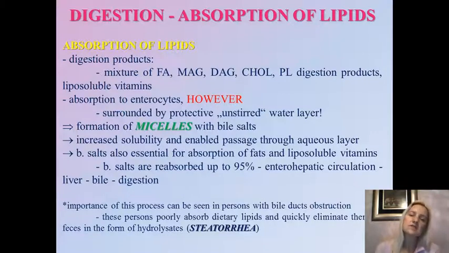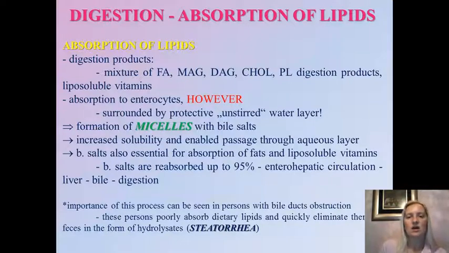The importance of this process can be illustrated by one example, which is found in persons and individuals with bile duct obstruction. So if you have an obstruction of bile ducts, you're not going to have an adequate release of bile salts into the intestinal lumen. So you're not going to have an efficient digestion of lipids.